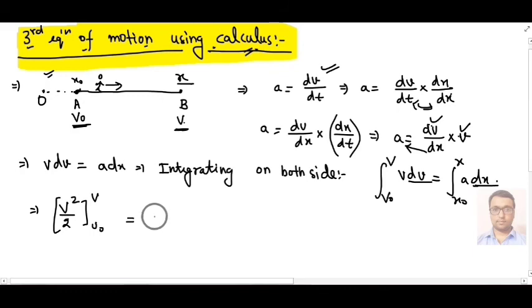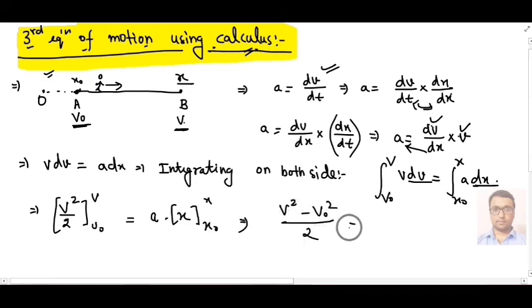Then on the right hand side you will write a, the integration of 1 is x, and the limit is x0 to x. You can put x0 as 0 also. Then you will get v square minus v0 square upon 2 equal to a times x minus x0.